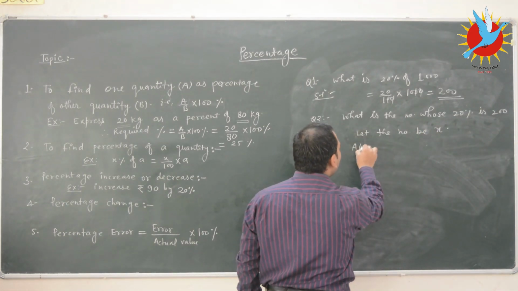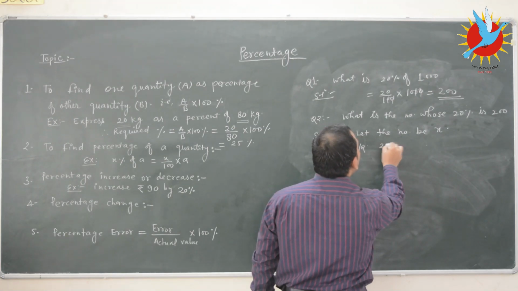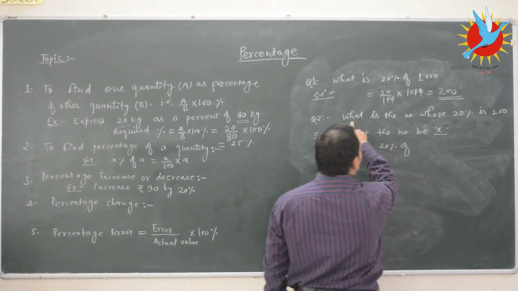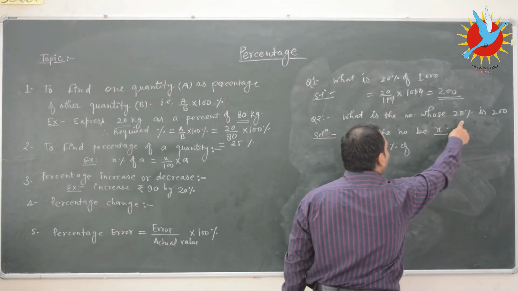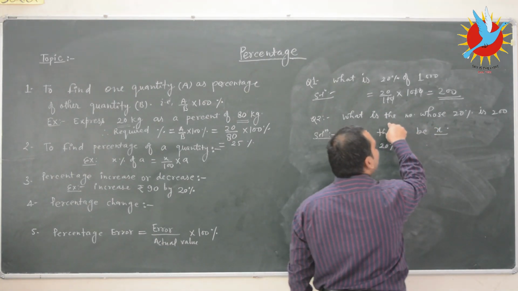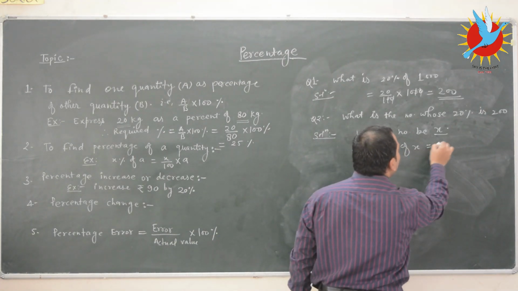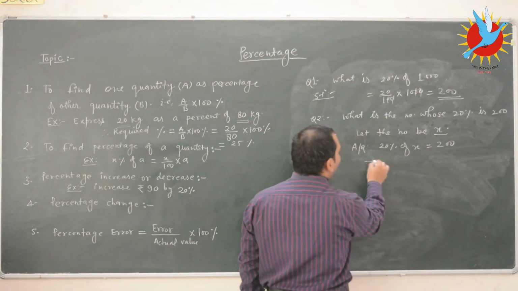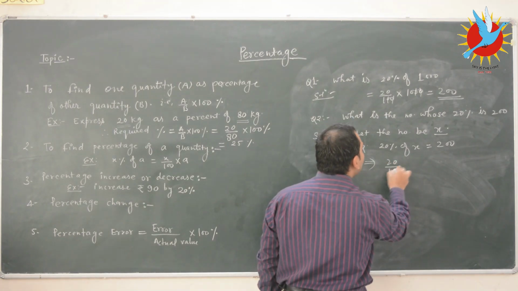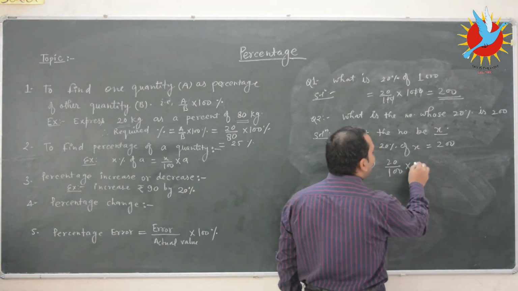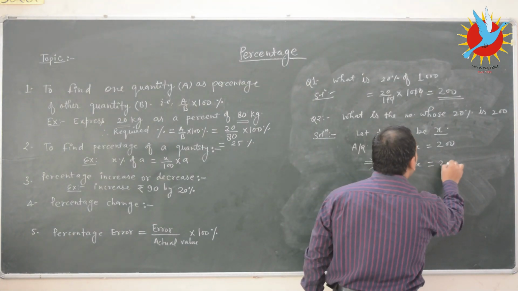According to the question, 20% of x is 200. 20% means 20 upon 100, of means multiply, x is equal to 200.